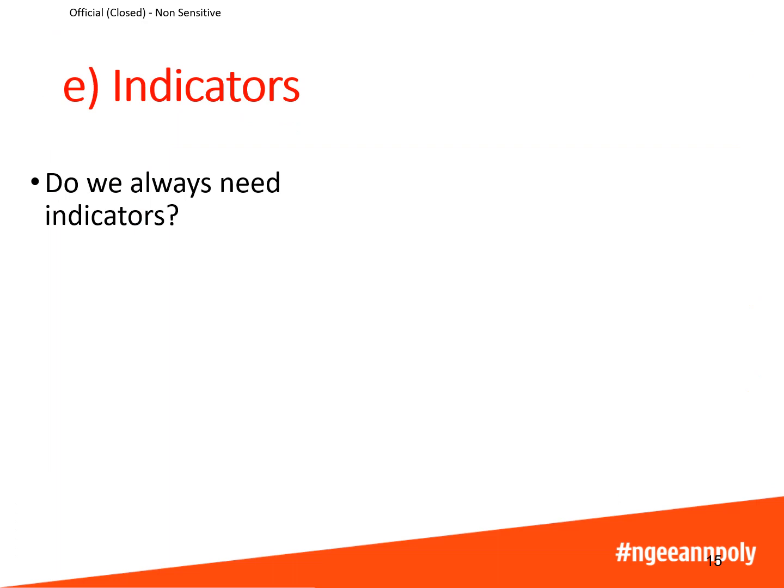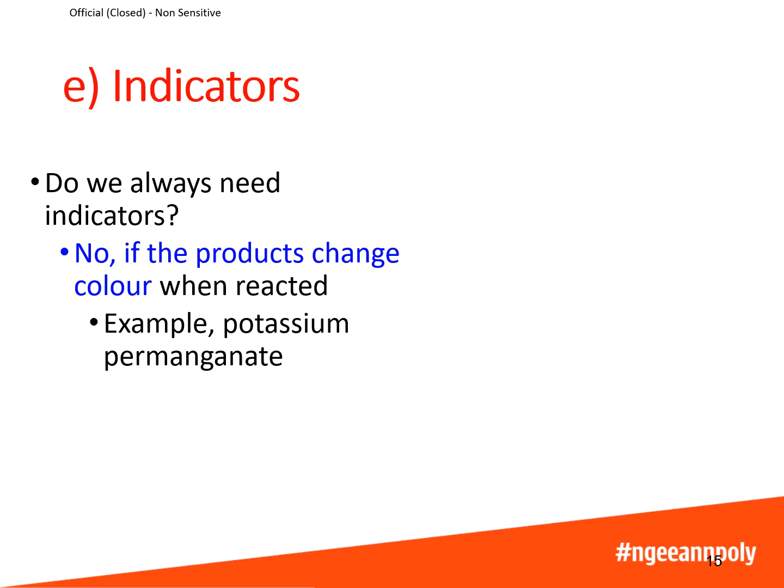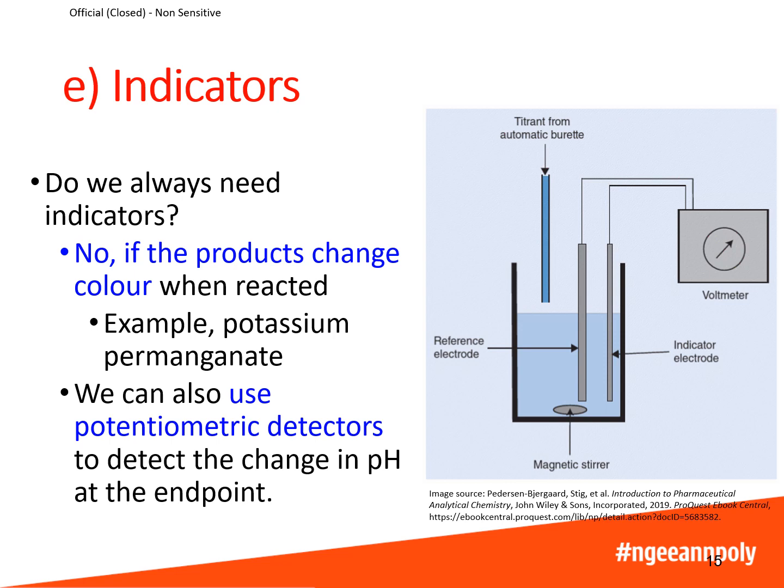So, do we always need indicators for every titration? The answer is no. If the products change color when they are reacted, for example, potassium permanganate, then we do not need to add an extra indicator. We can also use potentiometric detectors to detect the change in pH at the endpoint. Potentiometric detectors will measure potential changes at the electrode, and this potential change is affected by the concentration of a particular ion in the solution.